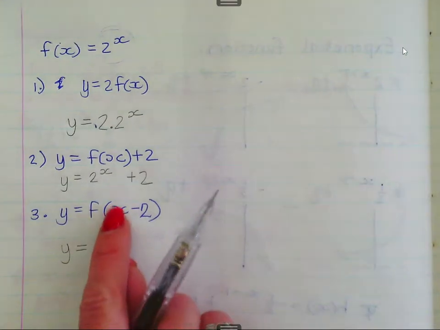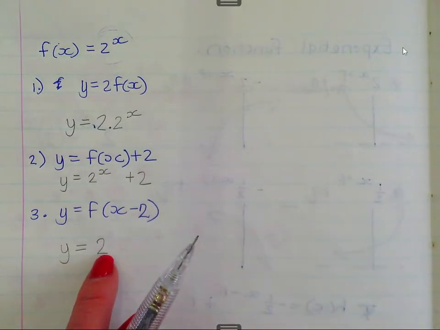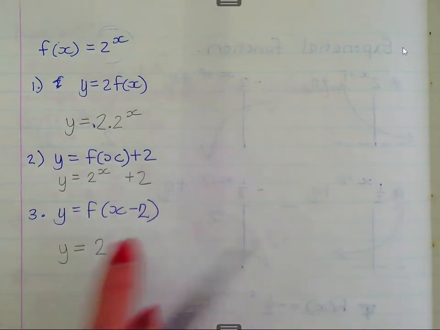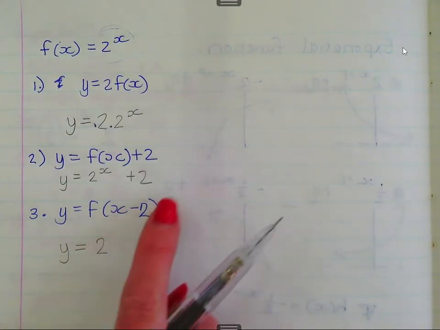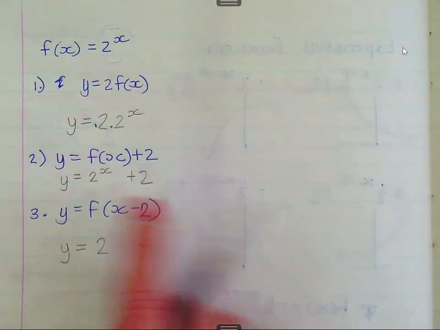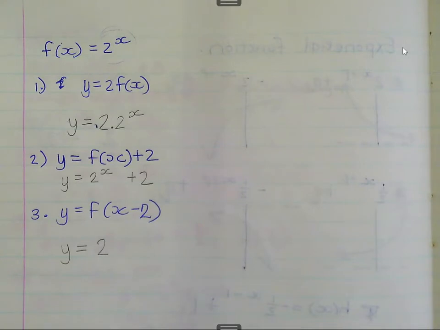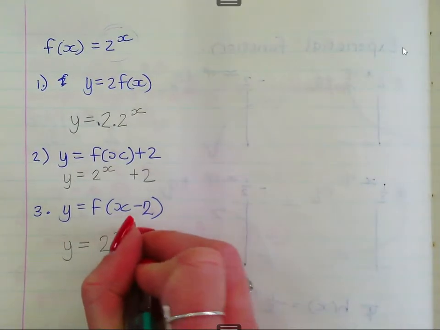If it was f of 2x, you would write 2 to the power of 2x. If it is f of x times a million divided by 5, you write 2 to the power of x times a million divided by 5. What's inside of the bracket must happen only to x. So it's going to be x minus 2.